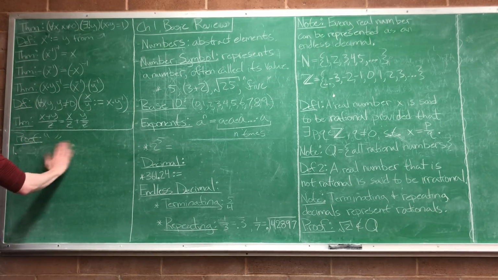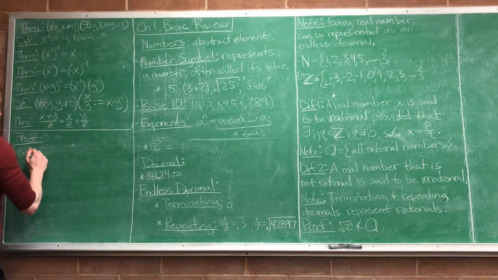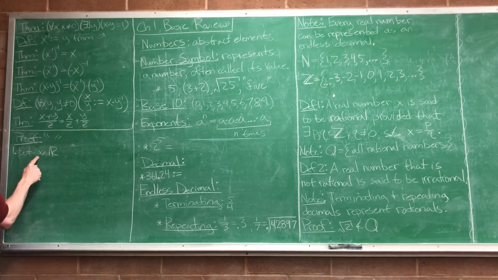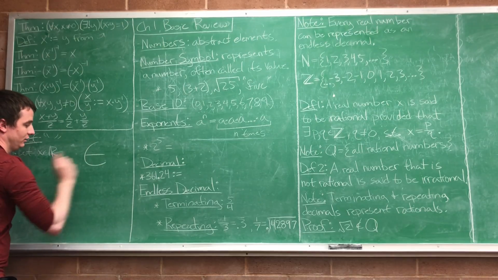First we need to let our x's and y's, sorry. So 1. Let x in R, so let x be any real number. This fancy symbol means all real numbers. That fancy symbol means in, in case you can't see it very well, it's like a C with a line.